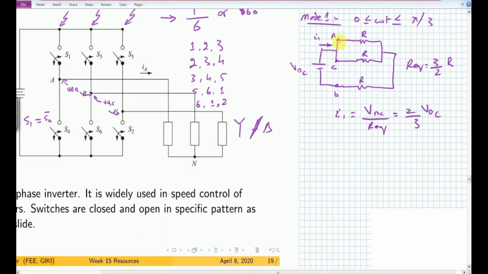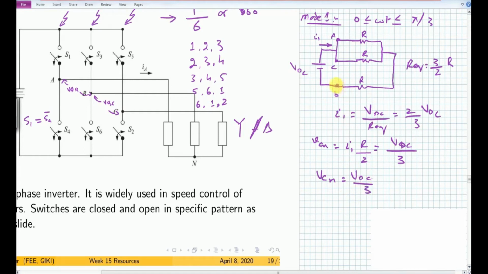So what is the value of VAN with respect to the neutral point? VAN is equal to I1 into R by 2, because the current is dividing between these two branches. That becomes equal to VDC over 3. Similarly, this is also true for VCN, which is also equal to VDC by 3.